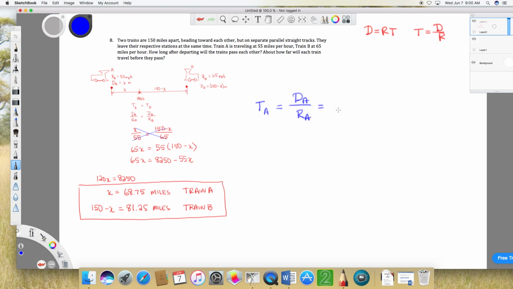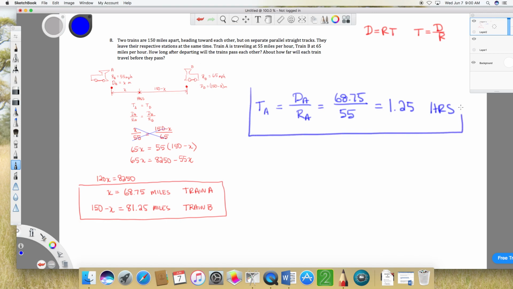We figured out that the distance was 68.75 miles, and we already knew it was traveling at 55 miles per hour. So the units work out nicely: 68.75 divided by 55 is 1.25. So under these conditions, when these two trains leave their respective stations, they will meet each other in 1 1/4 hours, 1.25 hours.